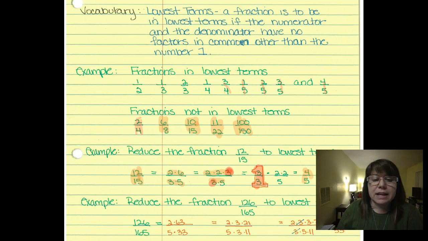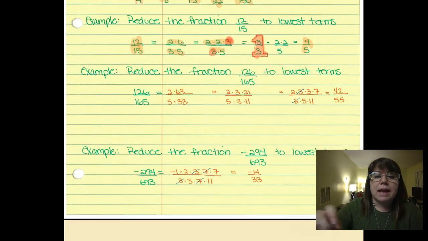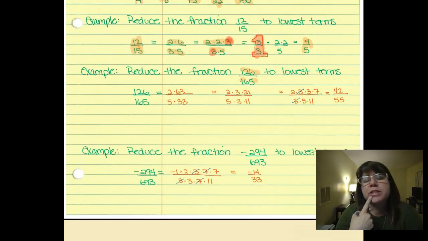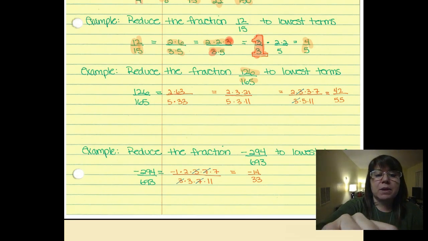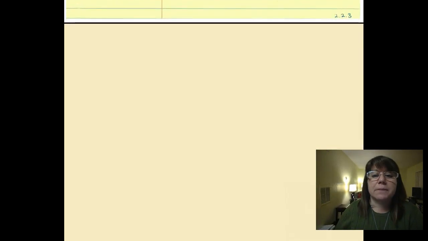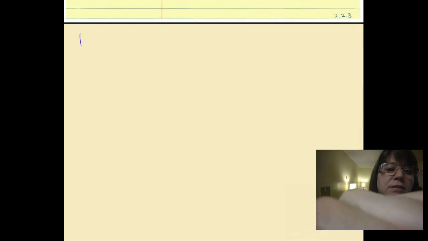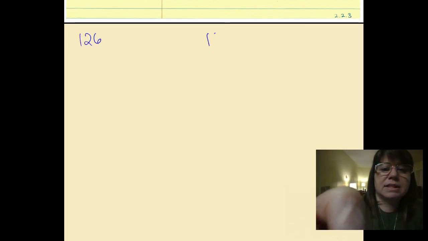Now let's look at another example. 126/165. When they're larger numbers, they're a little more difficult to figure out, so I like to write them out in prime factorization. Let's get my handy dandy pen here, and my numbers are 126 and 165.